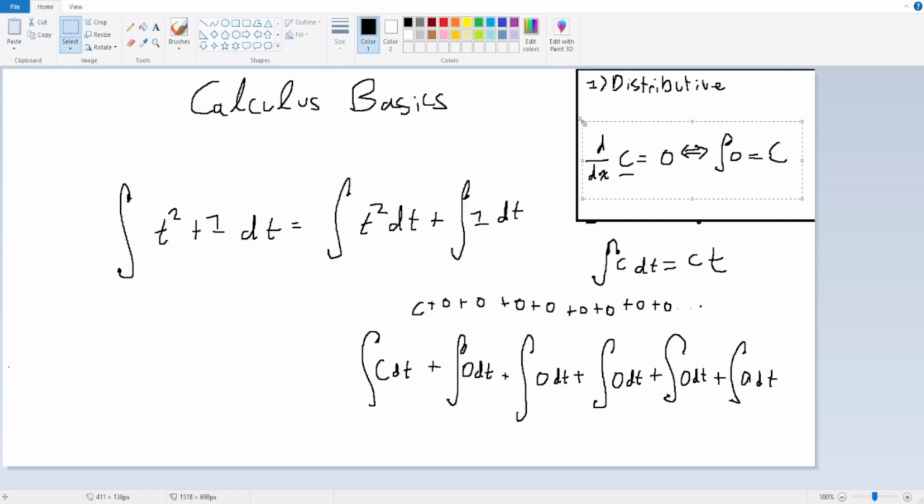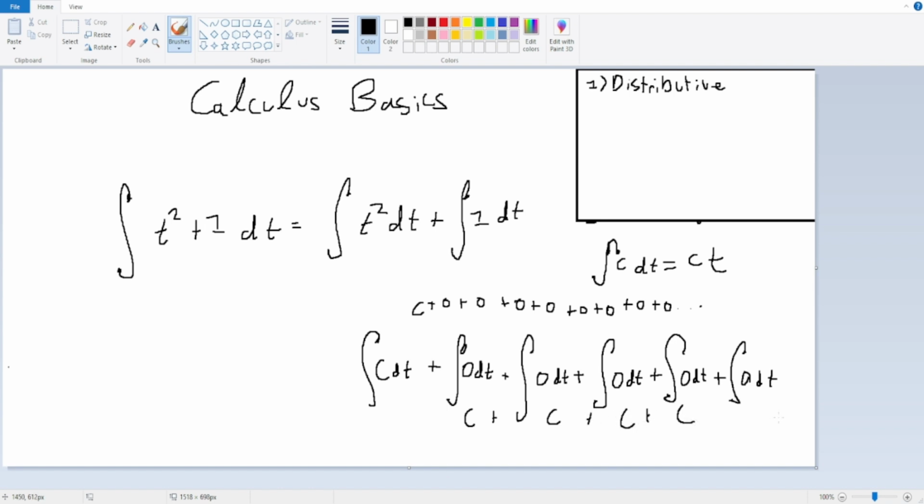And so that is important to keep in mind, because what any constant means is that we said the integral of 0 is equal to any constant, right? So we don't just say, oh, okay, it's 5, it's any constant. We say c. And so you just have a bunch of c plus c plus c plus c, yada yada.